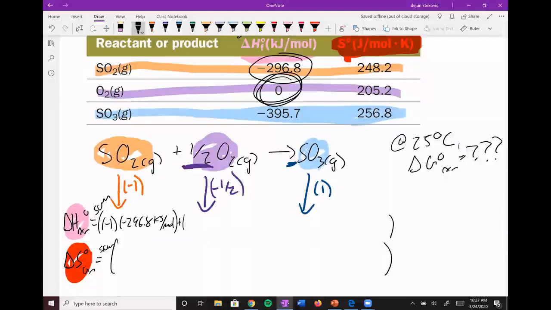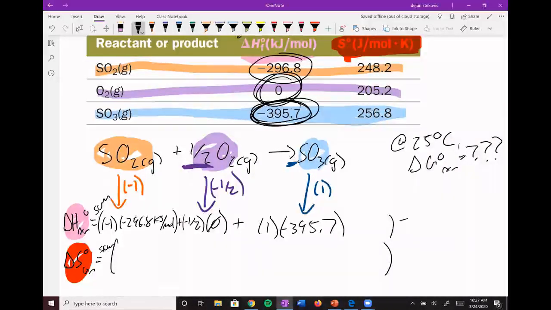So it'll be plus negative 1/2 times 0, which just ends up being 0, plus this SO3 times 1, which is this negative 395.7. And you can see all the units here are kilojoules per mole, and so we're all in kilojoules. So this will just be, at the end, kilojoules per mole. And then if you go ahead and do the math, you should get negative 98.9 kilojoules per mole.